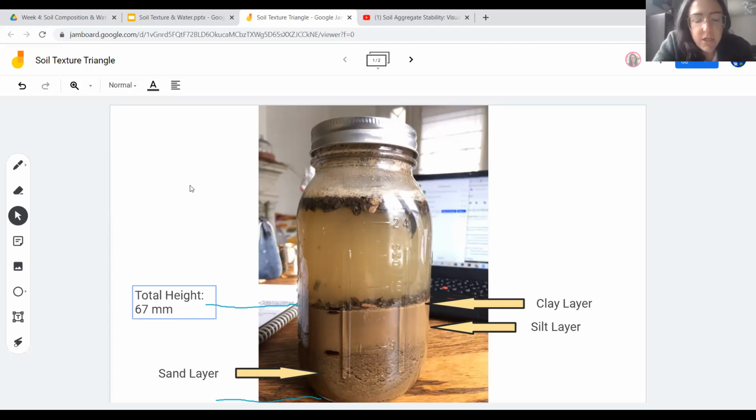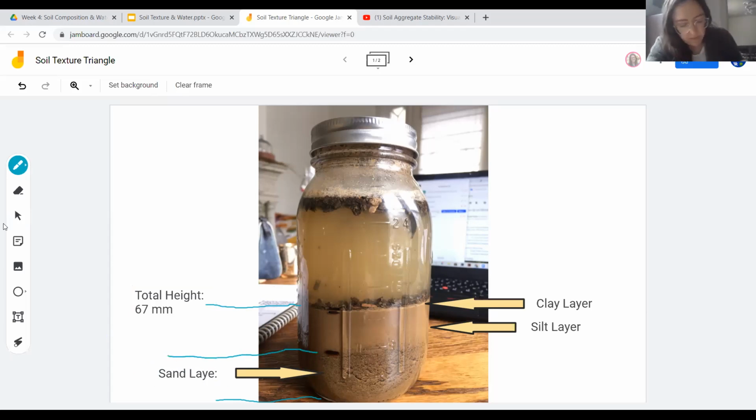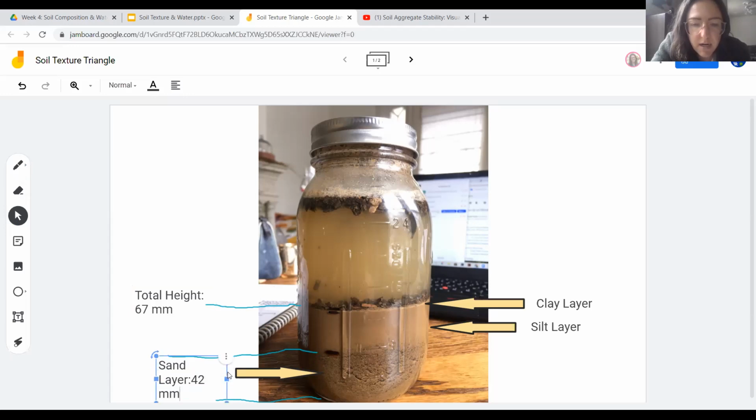And then I'm gonna measure each individual layer. So let's start with the sand. We'll measure from the bottom of the jar to where that first black mark is. And my sand layer is 42 millimeters. Then we move to the silt layer. So I'm gonna start at the first black mark and go to the second black mark and measure my silt layer.